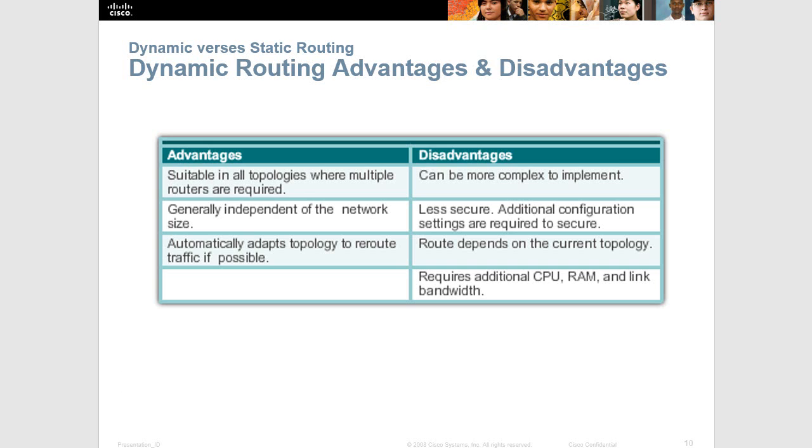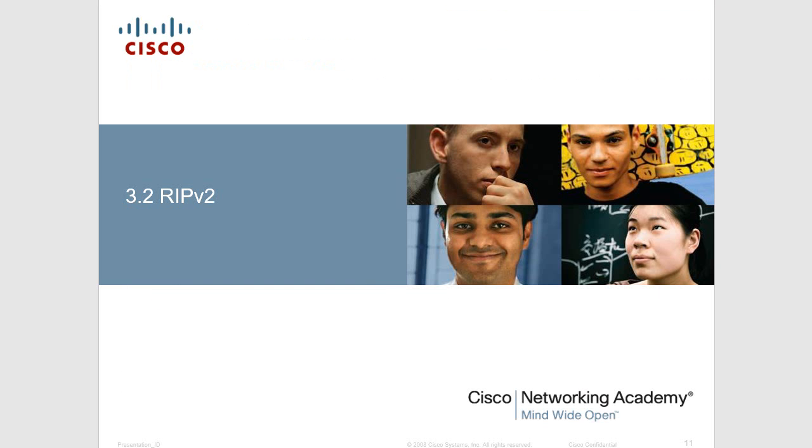the update messages and move on to the only dynamic routing protocol that we discuss in CCNA 2. So RIP, which isn't really even used that much.